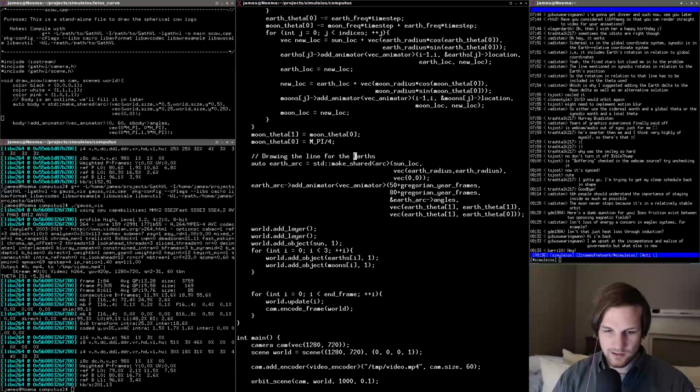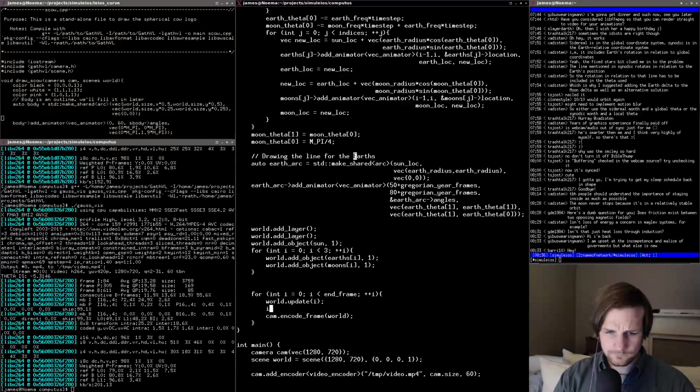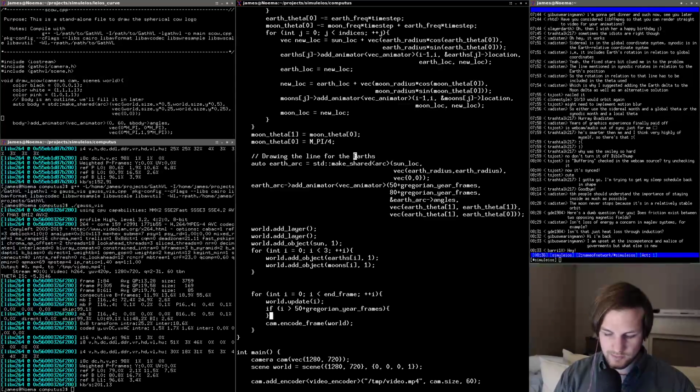So let's do dd here, and we'll say if... what am I looking for here? If i is greater than... and when do I want to start drawing this? I want to start drawing it at 50 plus Gregorian year frames. Something like this. We will add the object then.